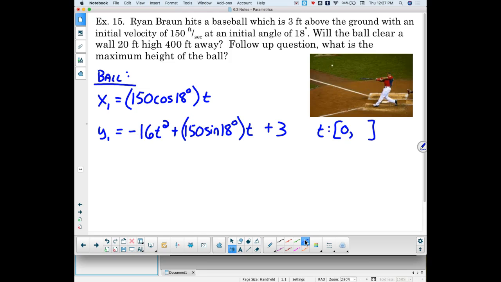Does it take 400 seconds for a ball to get to the outfield? Two and a half, 3? All right. Let's go 3, just to be on the safe side. If we went longer than that, the path of the ball would just go underground. But we don't care about that because we're not even going to look over there. Okay? I love it. Now, that's the ball. Now we've got to come up with the wall.